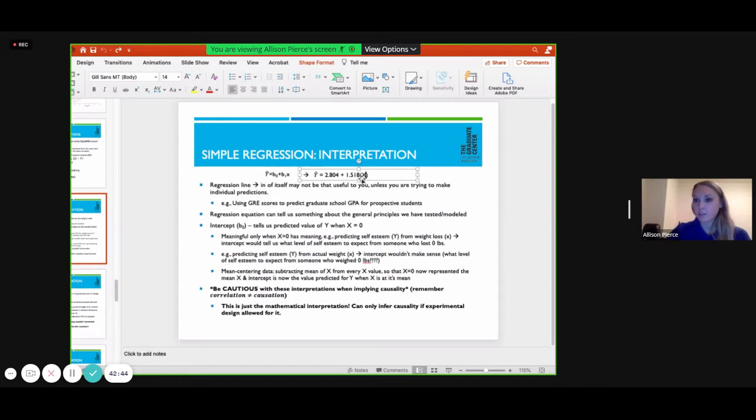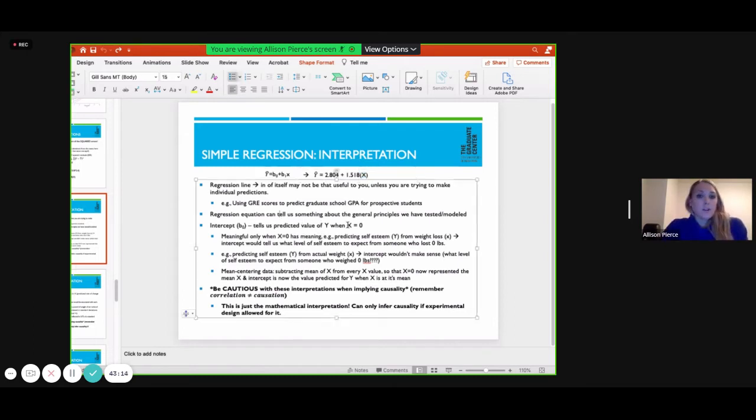And you could put in new values and then predict, okay, if a student gets a GRE score of 155, you plug it into that formula and you get their predicted GPA. This was with cookies and number of ads. So if we show 2 ads, how many cookies can we predict that they will buy? Does that make sense?